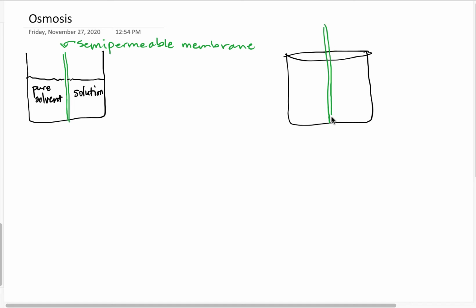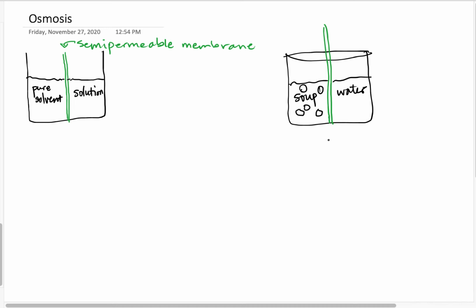And cheesecloth, of course, is porous. And so if you have soup on one side of it and you have water on the other side of it, then the water can mix between both of these two, but the big chunky pieces of the soup are not going to be able to go through. So that would make this a semi-permeable membrane.